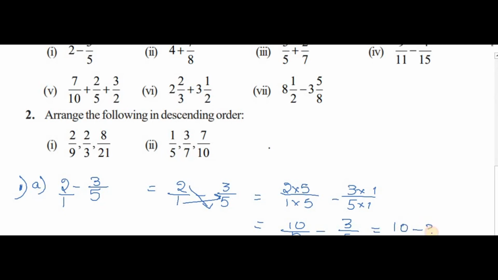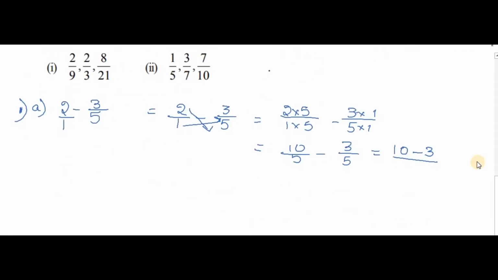I think you all know this, but I am saying one more time: we have to do either addition or subtraction only for the numerators, not for the denominators. Just keep that in your mind. 10 minus 3, my denominator is 5, and 10 minus 3 is 7 by 5. So 7 by 5 is an improper fraction, so we can convert this into a mixed fraction also.